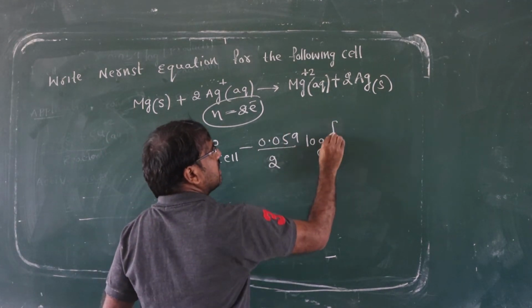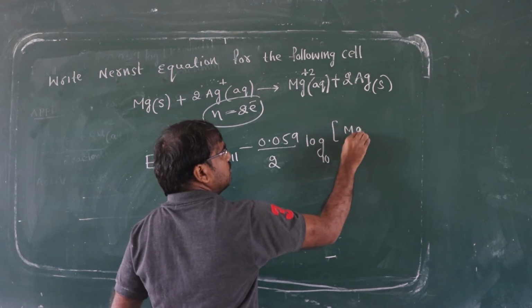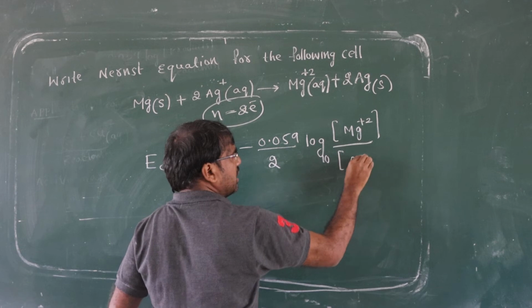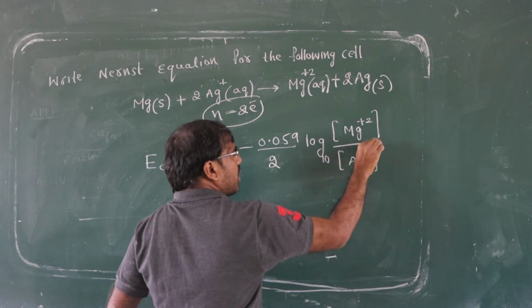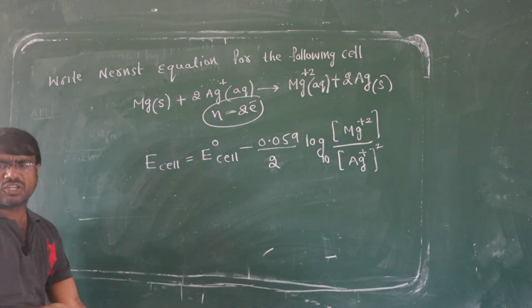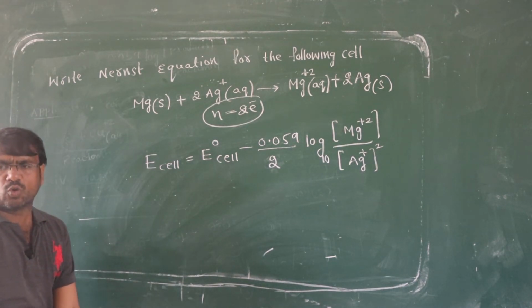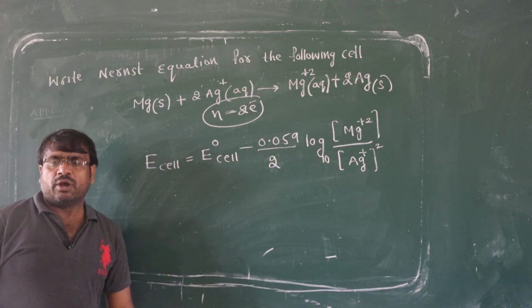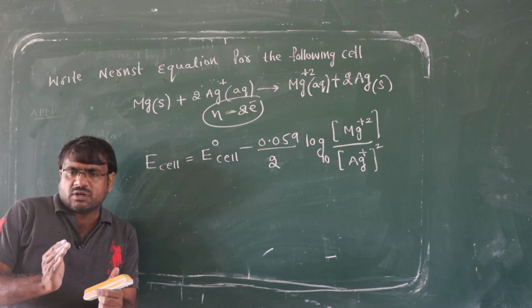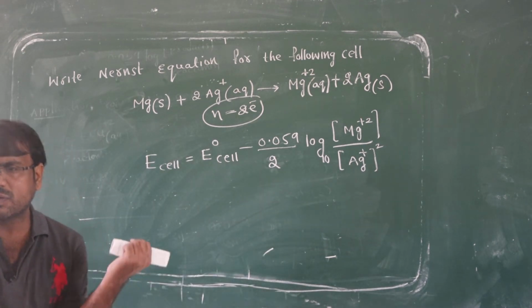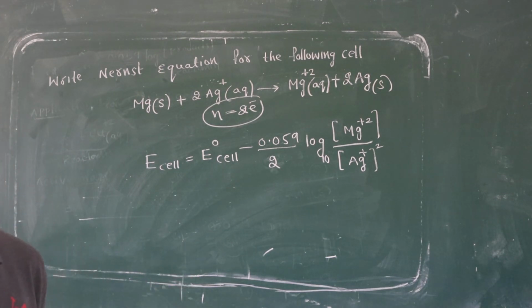Log base 10 of the concentration of Mg+2 divided by the concentration of Ag+ overall power 2. Okay, this is the Nernst equation. Now, after this equation, somebody is asking, the coefficient became the power.